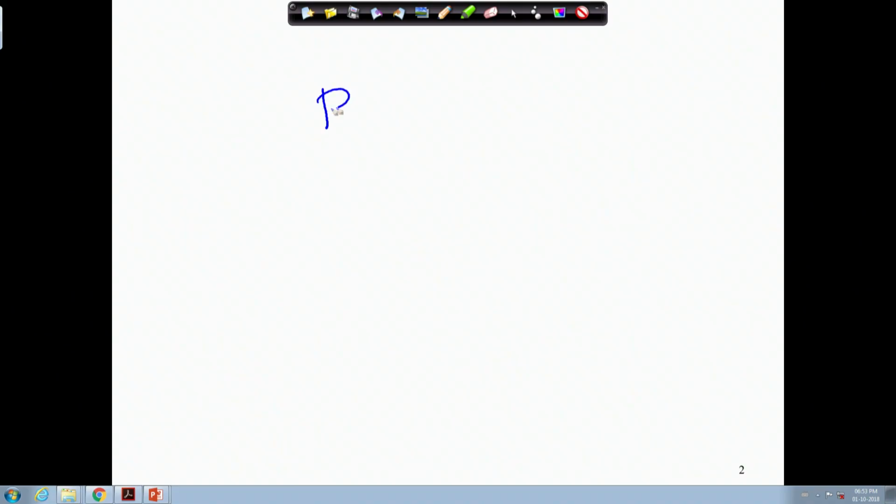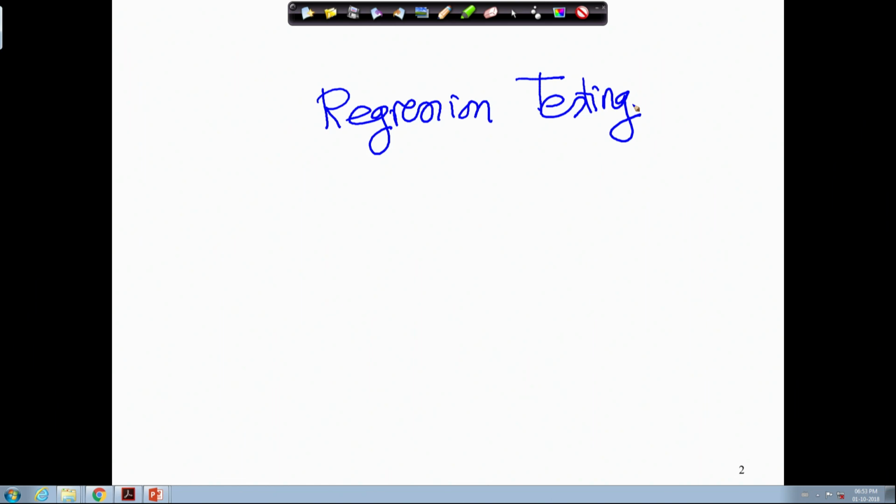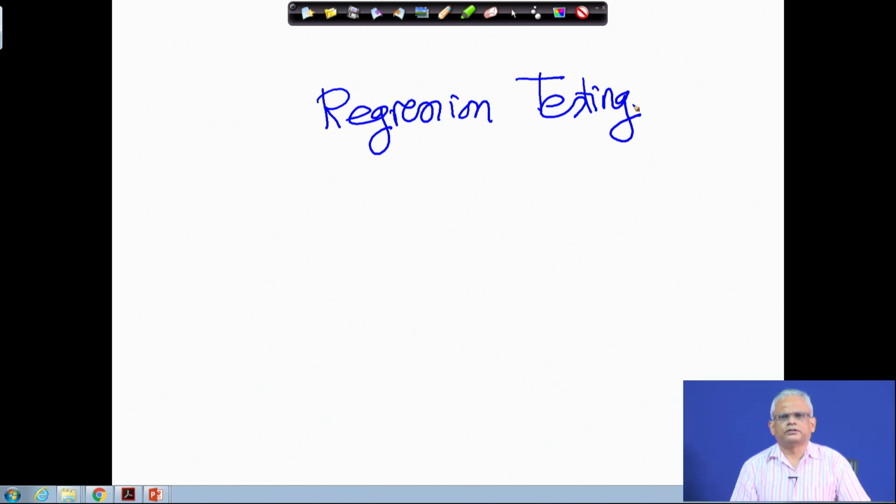Okay. The next question is about regression testing. When we change a software, and we change it for many reasons, for example, during testing we might find a bug and then we need to change the software, to correct the bug.